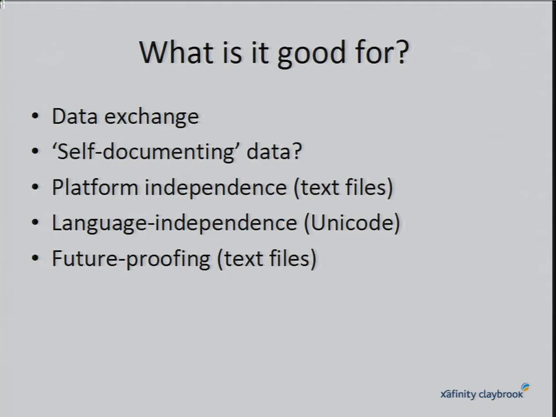You can pass them from Macs to Windows machines. It offers language independence because XML is defined within Unicode, so just about anything that you can write can go into an XML document. And XML dearly hopes to be future-proof. That is, you'll never need to discard this format and replace it with something else.